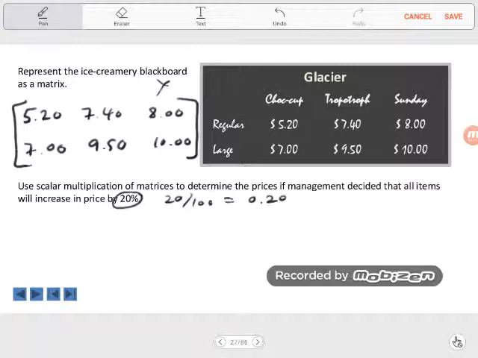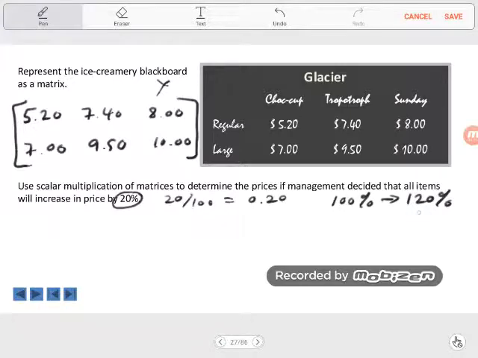If we increase something by 20%, then it goes from 100% to 120% of what it was. You'll hear people say that you can't have more than 100% of something. Now, technically that's true with a lot of things, but you can increase by more than 100%. And in this case, we're increasing from the 100% of the original price to 120% of the original price.